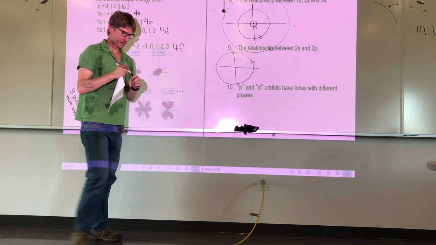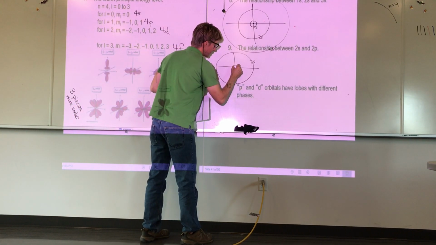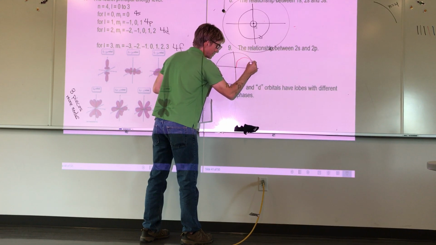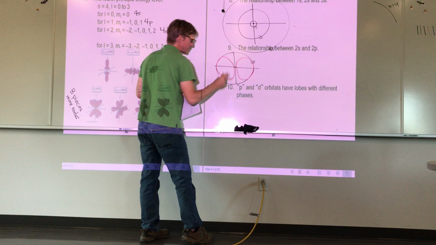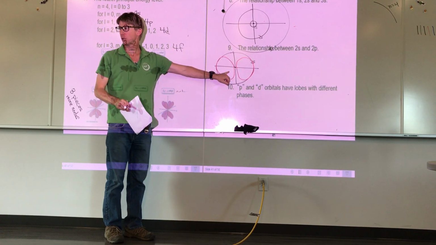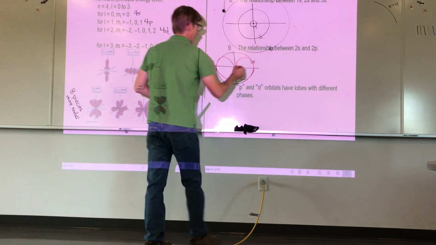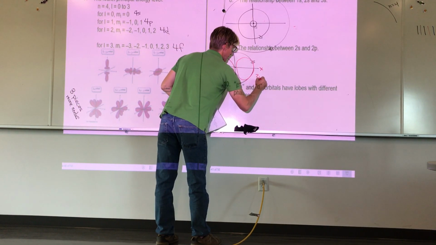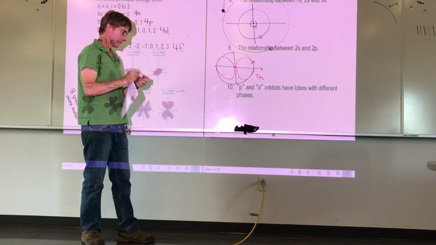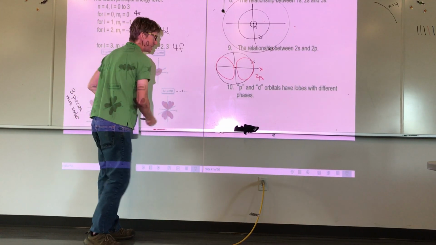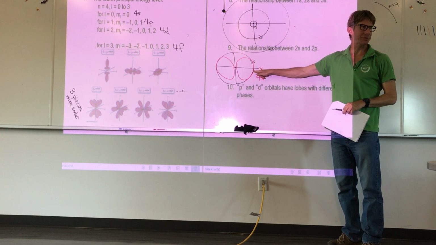So if that's 2s, then that's 2p, or one of the 2p orbitals. I'm going to call this, since this is the x-axis, 2px. So the take-home message here is that 2s and 2p sublevels end approximately the same distance from the nucleus.